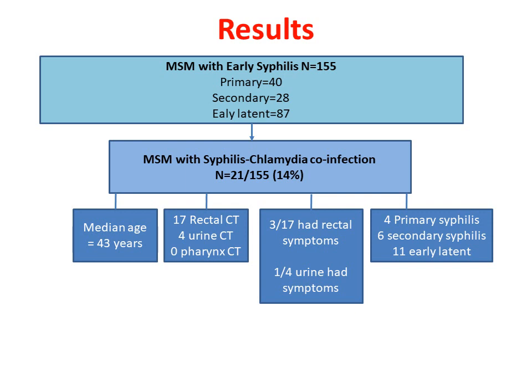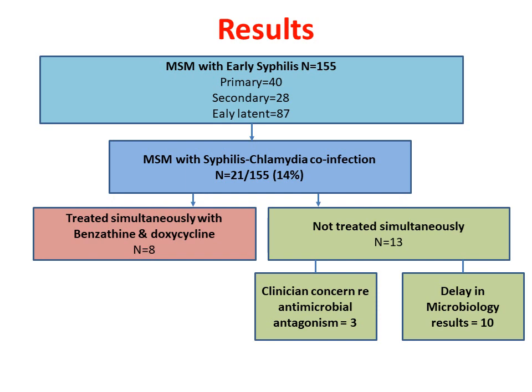The median age of MSM with dual infection was 43. 17 had rectal chlamydia and 4 had urinary chlamydia. There were none with pharyngeal chlamydia. 3 out of 17 with rectal chlamydia were symptomatic, and 1 out of 4 of the patients with urinary chlamydia were symptomatic. 8 MSM were treated simultaneously with benzathine and doxycycline. 13 were not treated simultaneously, with a median delay of 7 days.